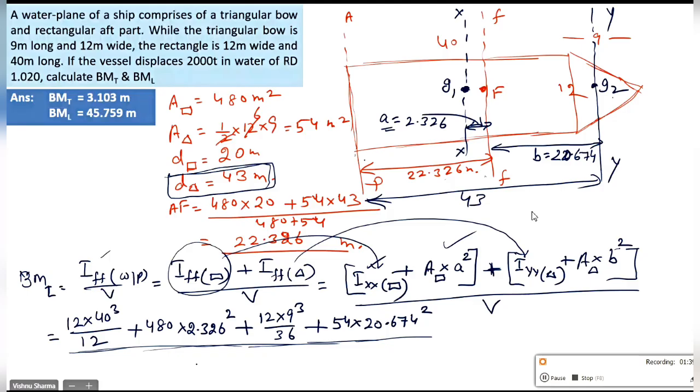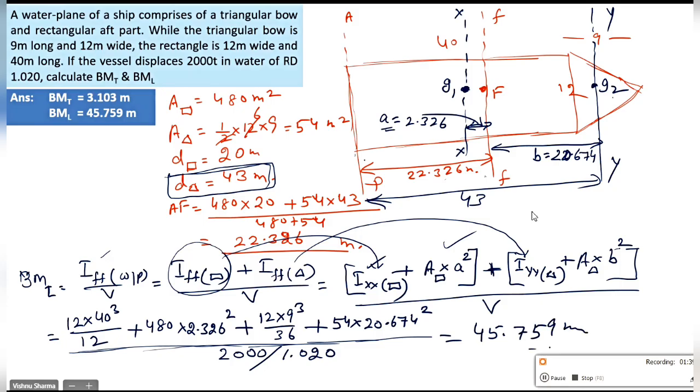Upon volume of displacement, 2000 divided by 1.020. And now you don't have to do any more calculations on the paper. You just have to use your calculator, calculate it on the run, and you should get an answer of 45.759 meters.